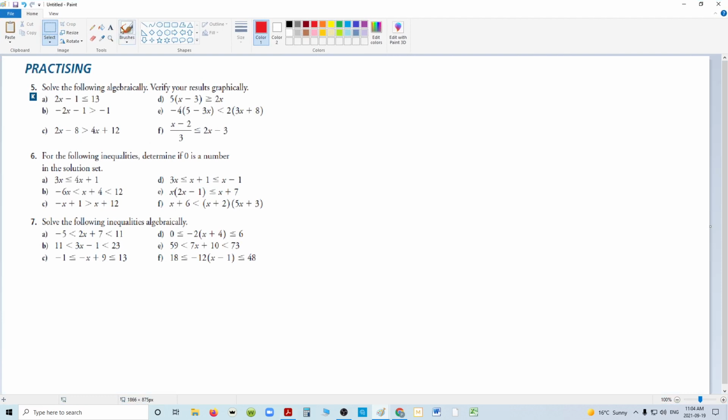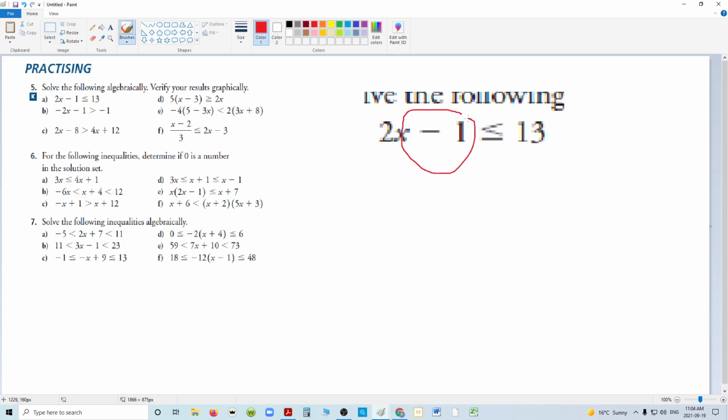Solve algebraically and verify your solutions graphically, which means they want you to figure it out on Desmos. But this is just a line, right? And this line goes through -2, -1 on the x-intercept.